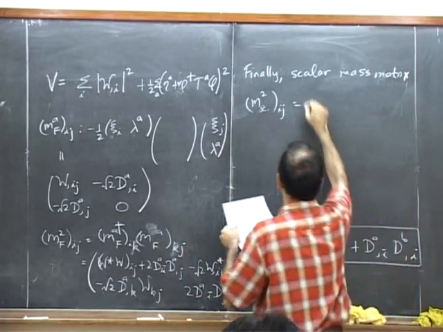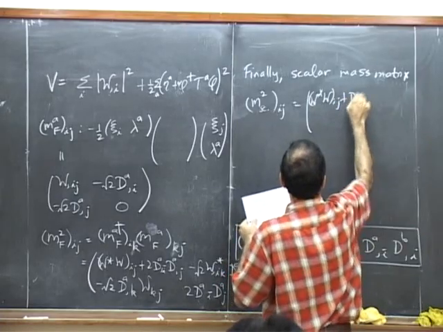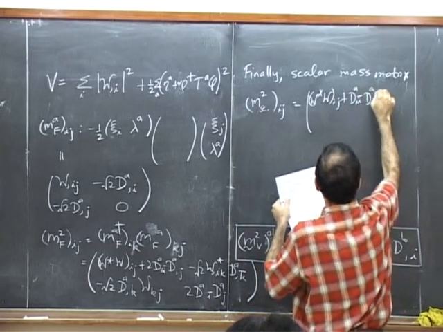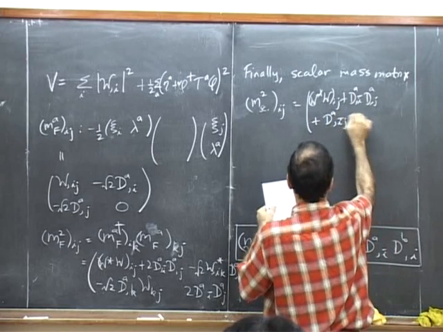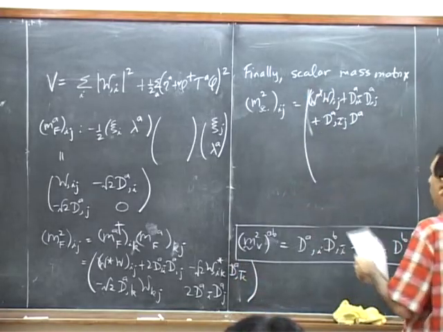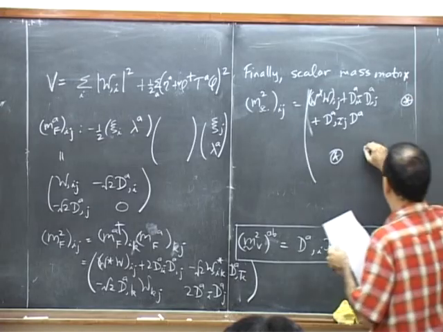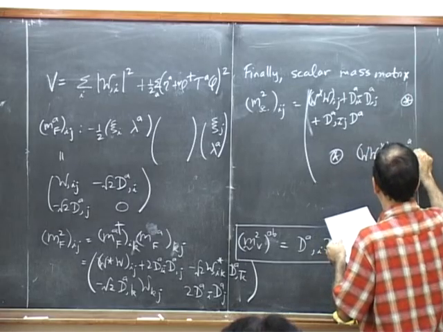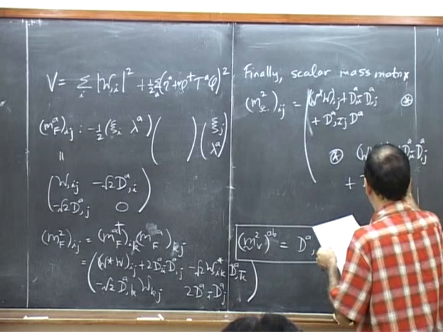This I'm writing without proof: W star W Ij plus D A I bar D A J, plus, here we have to get a new term, D A I bar J, second derivative of D times D. Here we have something which I'm not going to bother to write, and here you have W star ij plus dA I bar dAj plus again dA ij bar dA.